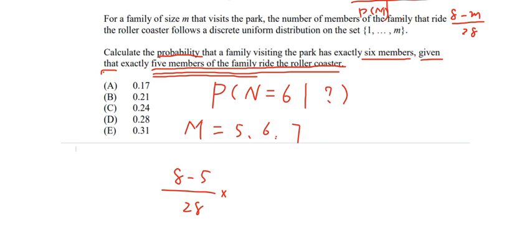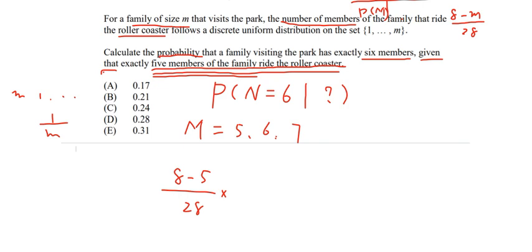If the family size is m, then the number of people who do these things follows a uniform distribution. So if m can be 1 to m, uniformly means evenly, so each case is 1 over m.